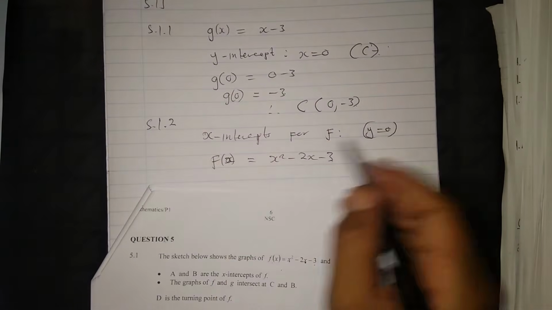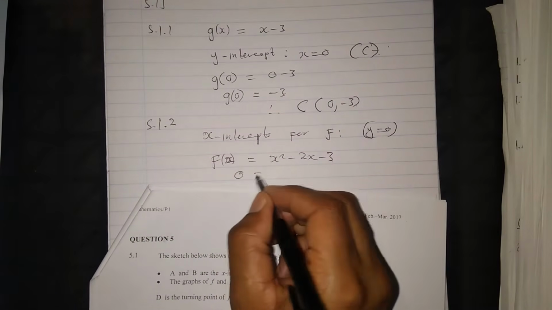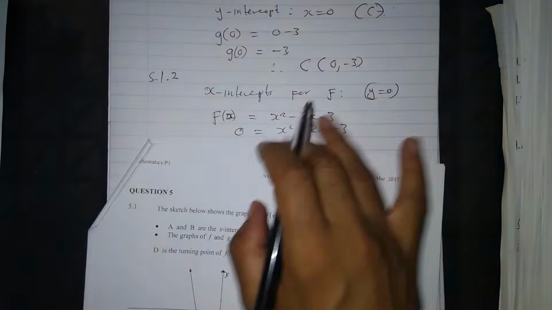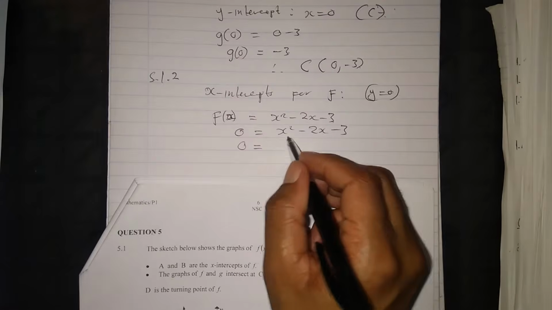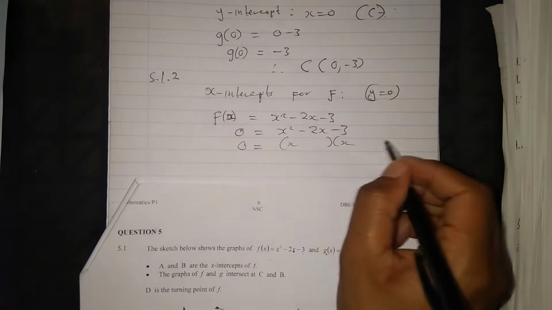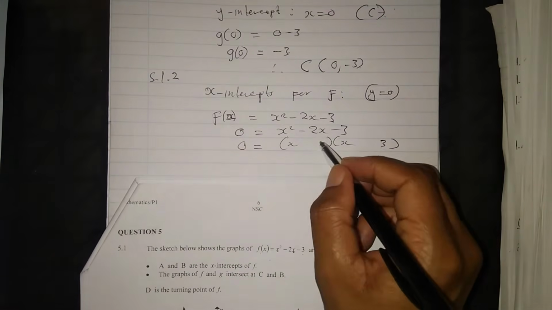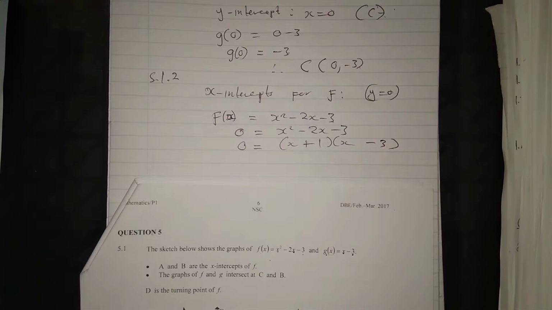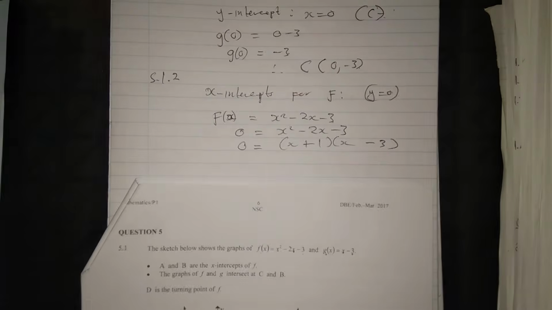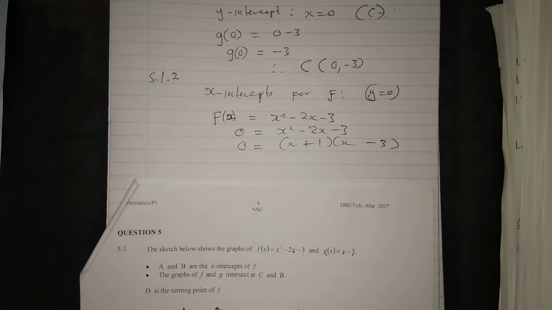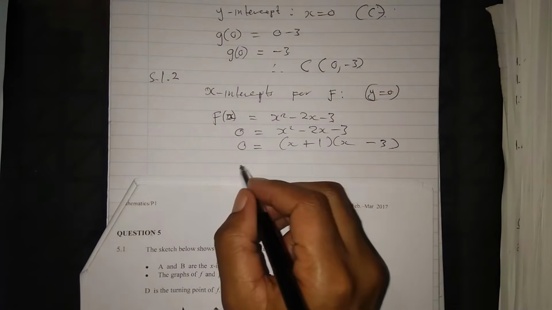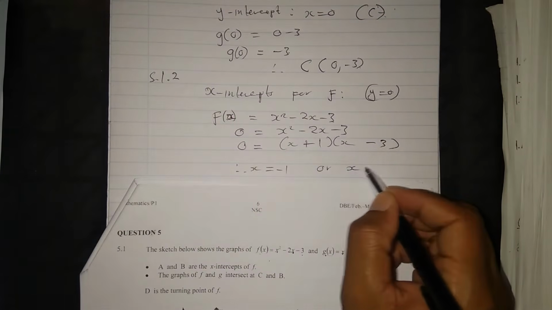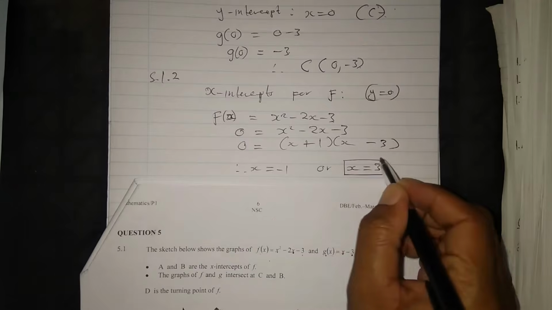Using the factoring method, x is equal to minus 1 or x is equal to 3.